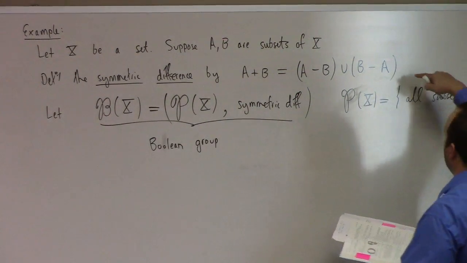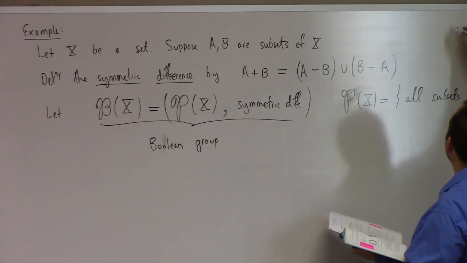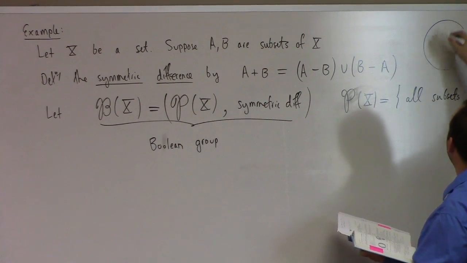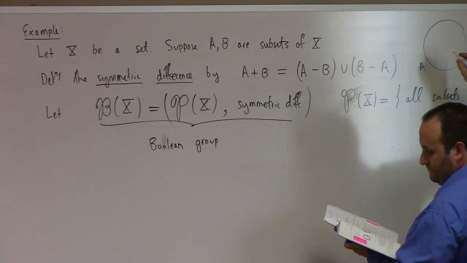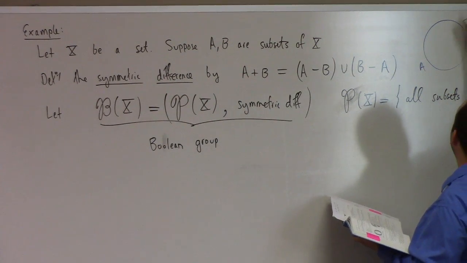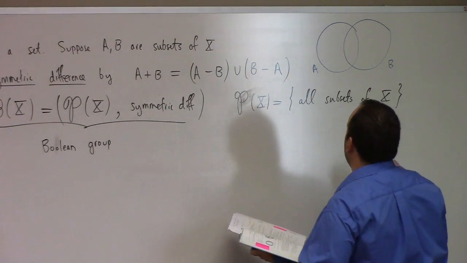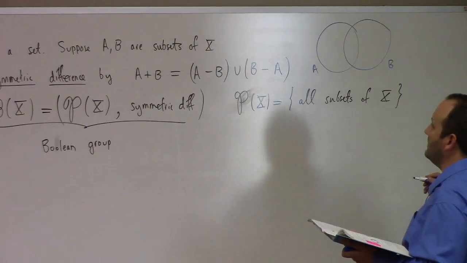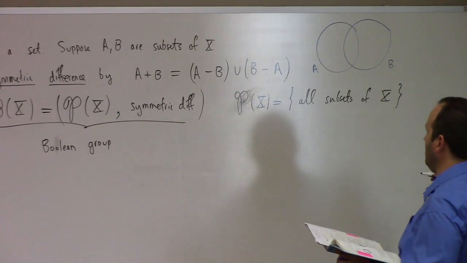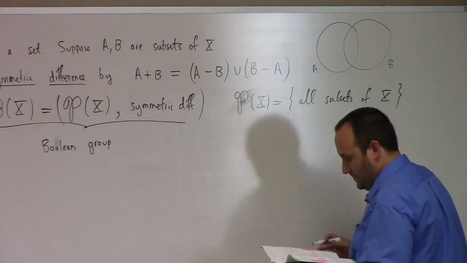So I think this is easily shown. Here's A. Here's B. So where's the symmetric difference?